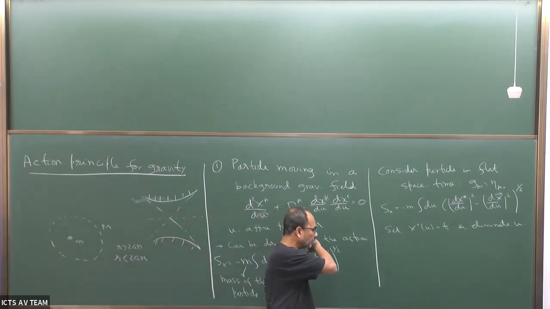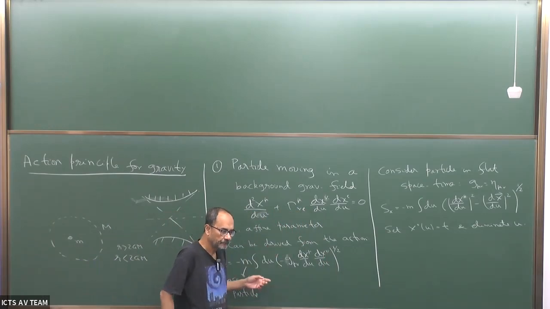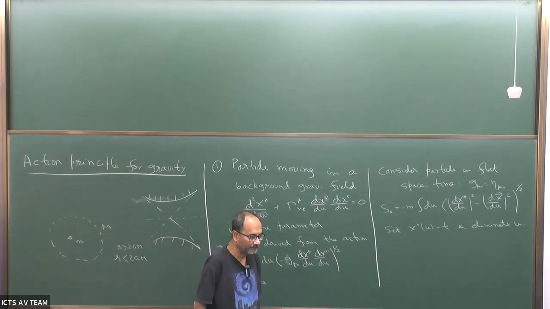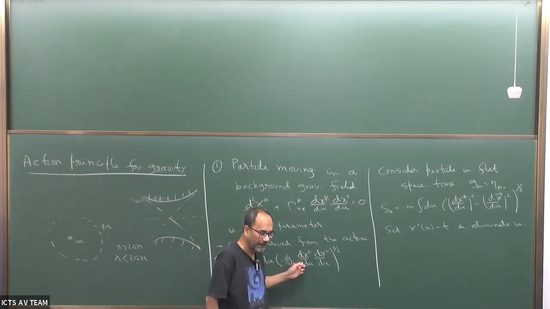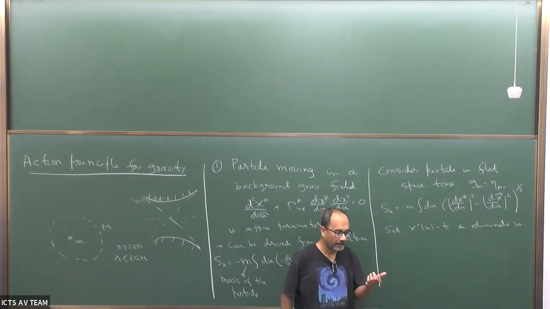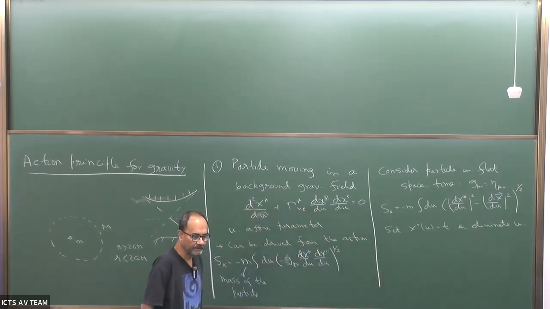The only thing you have to make sure is that you start with a time-like trajectory and vary infinitesimally, so that the deformed trajectory is also time-like. You can't cross over between time-like and null, because then this becomes 0 on the way, and this becomes ill-defined. But as long as you start with a time-like trajectory and make an arbitrary variation, the same derivation that we used to get the geodesic equation will work.